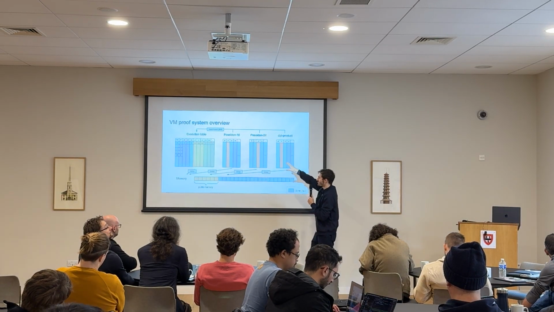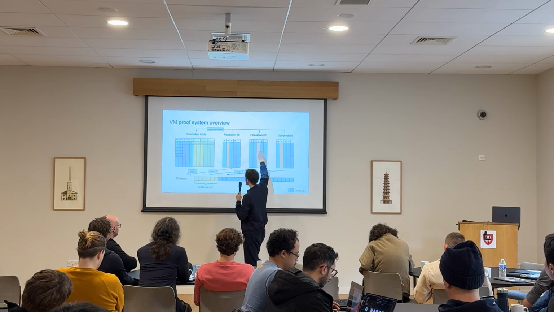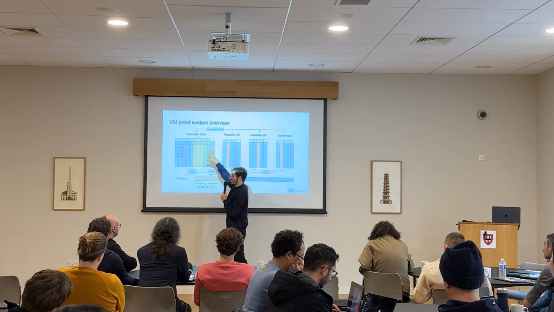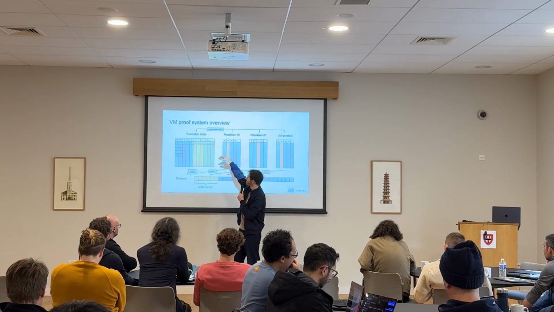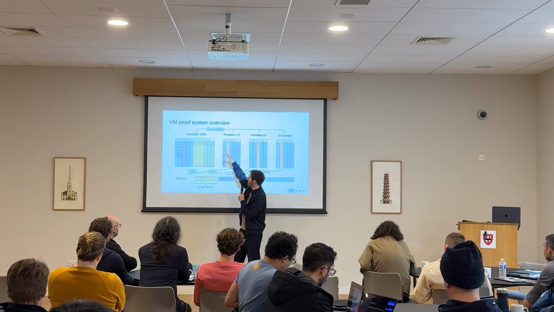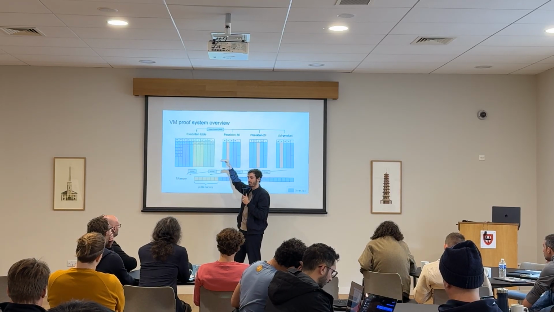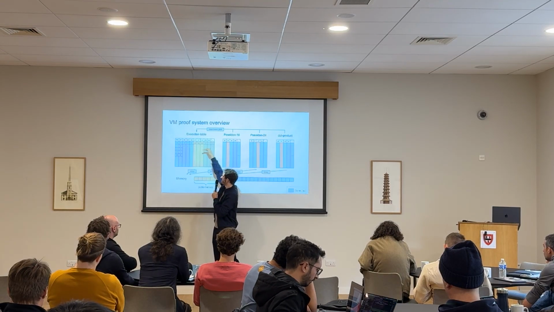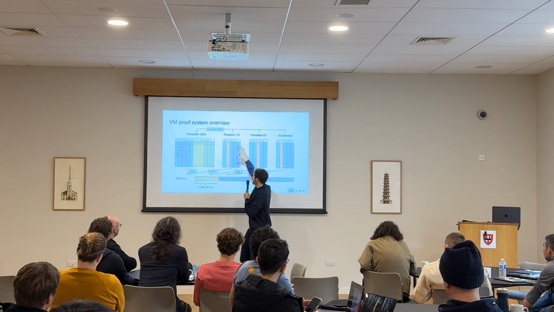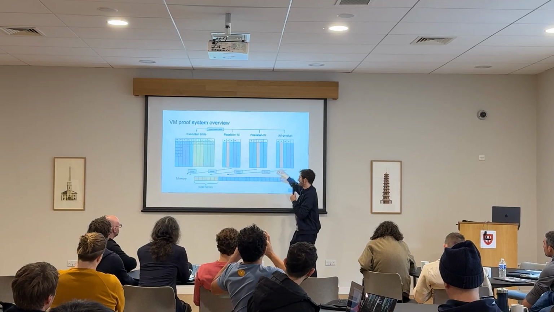So with sumcheck, you can prove validity of those different tables. Basically, there is one table for execution, where every cycle in the execution of the VM corresponds to one row of this AIR table. And then you have some tables for the precompiles, and then you have your memory.